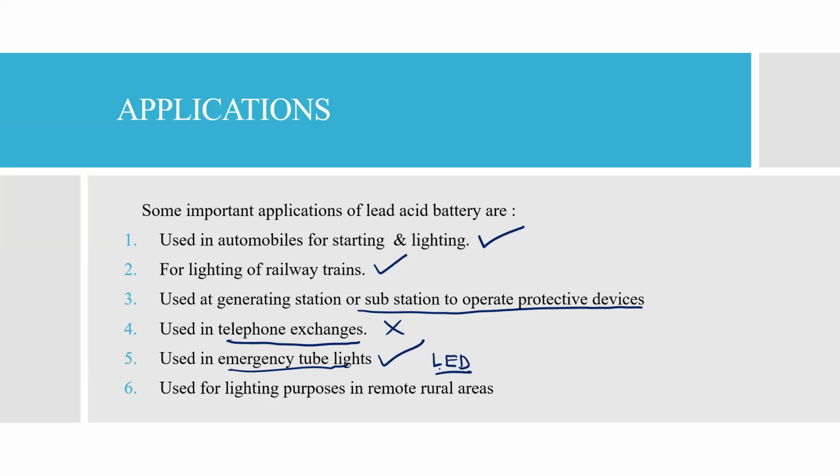Okay, and it can also be used in remote rural areas for lighting purposes. Nowadays LEDs are available, so you can simply connect those LED lamps to lead acid battery and they will work fine.